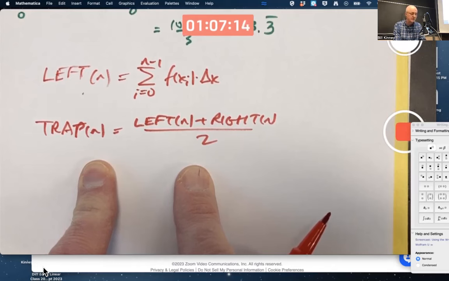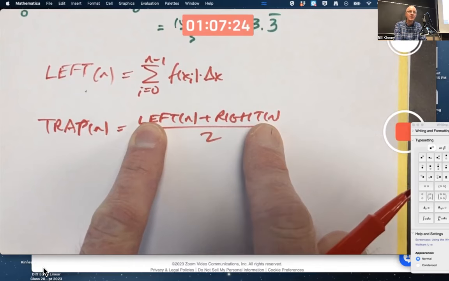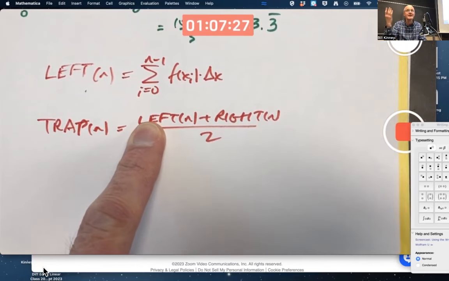And in the limit as n goes to infinity, since left and right both go to the same thing, 1,000 over 3 in the example I just did, it'd be 1,000 over 3 plus 1,000 over 3, over 2, which equals 1,000 over 3. The average of two numbers that are the same number is the same number. It still goes to the same answer.